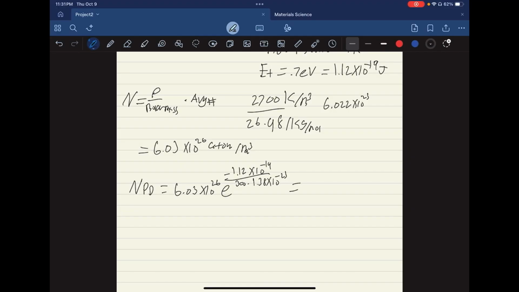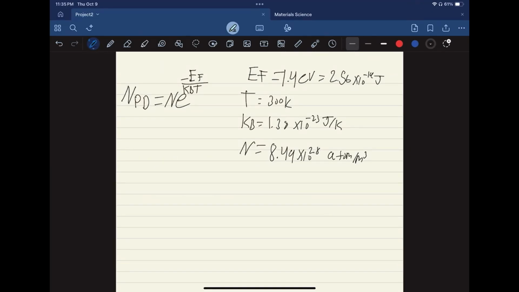And that will give us 1.074 times 10 to the 17. And this is the number of defects we could expect in a 1 by 1 by 1 meter of aluminum.